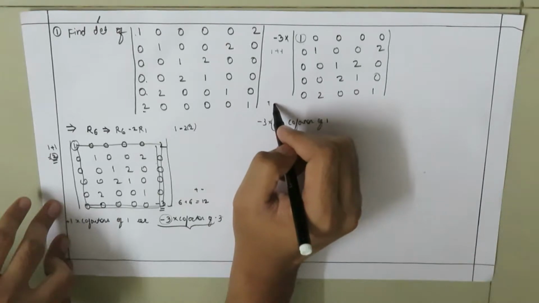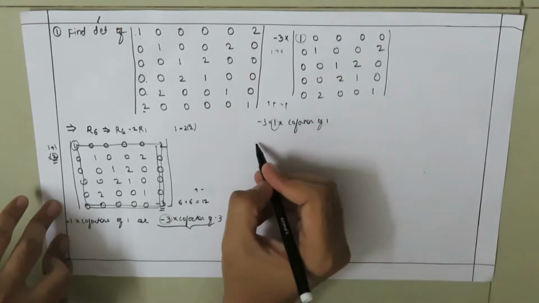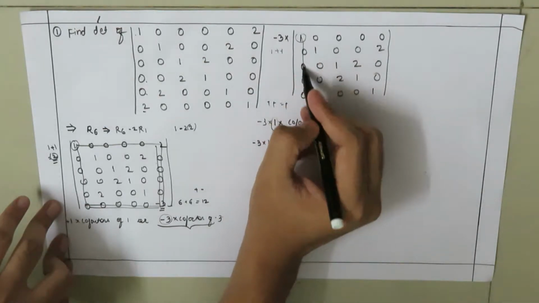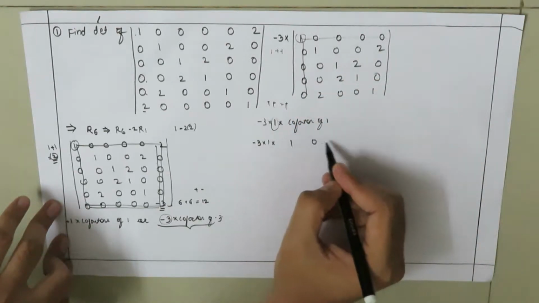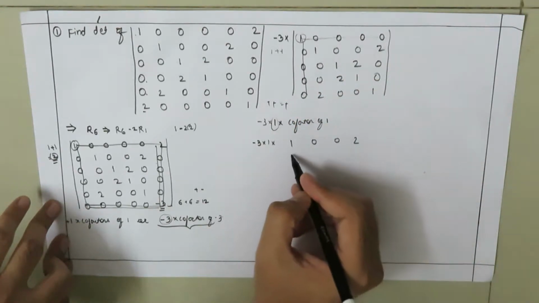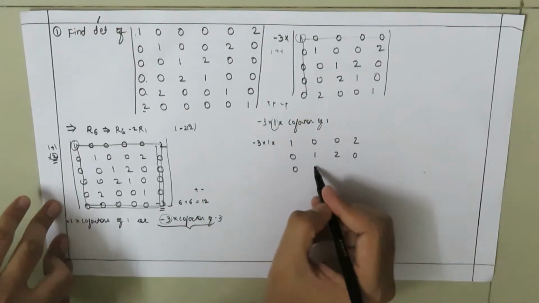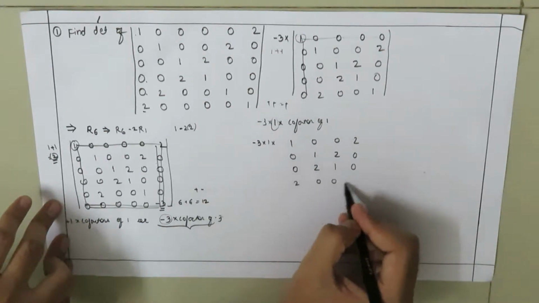Positive multiplied by positive is again positive, so it does not make any effect. So -3 times 1 times the cofactor of this element will be 1 0 0 2. This will be 0 1 2 0. This will be 0 2 1 0, and here we have 2 0 0 1.